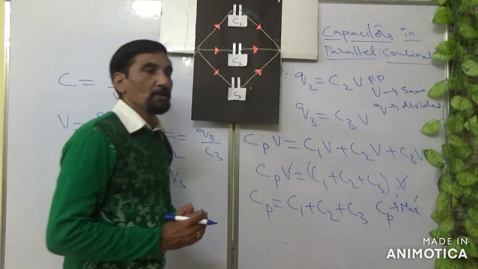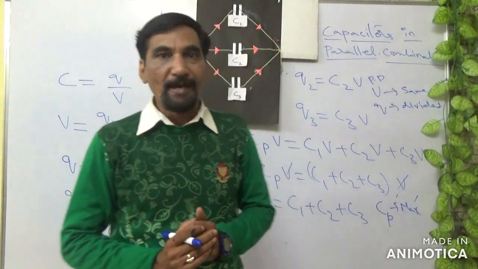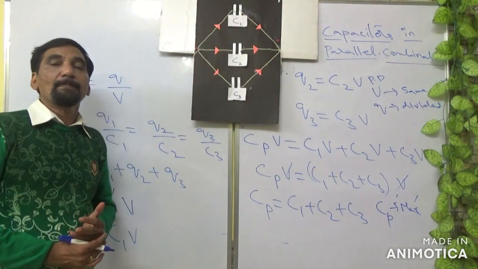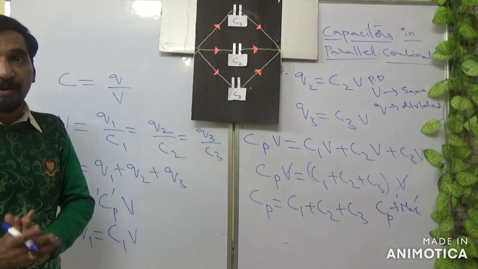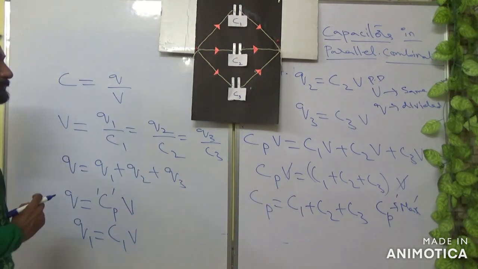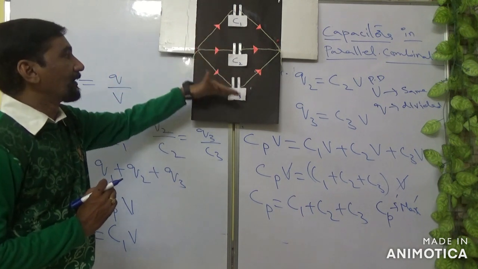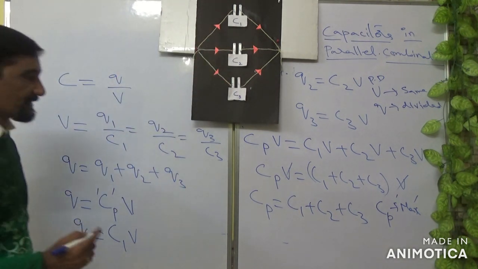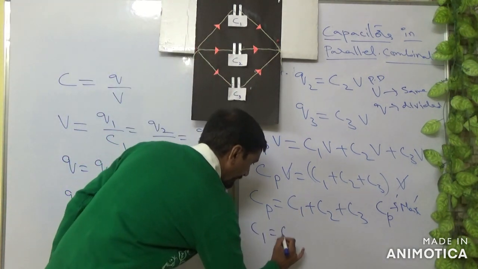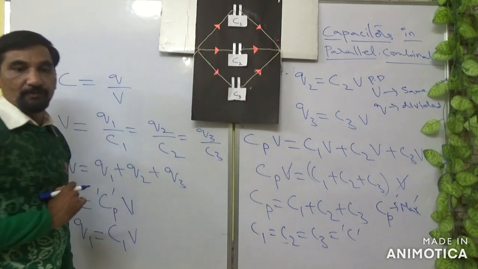Suppose you have been given two capacitors. So if you join them in series, they give minimum capacitance. If you join them in parallel, they give maximum capacitance. Okay? Next. Suppose you have taken identical capacitors, all having equal capacitance, say C. Okay?